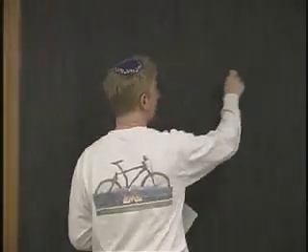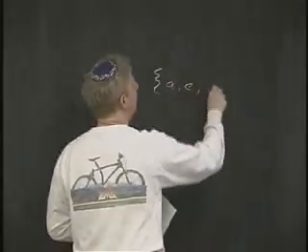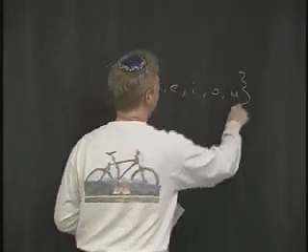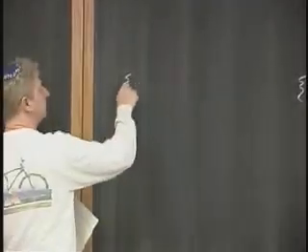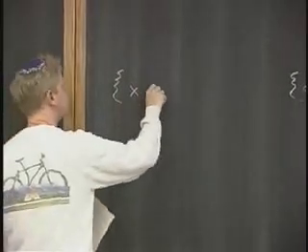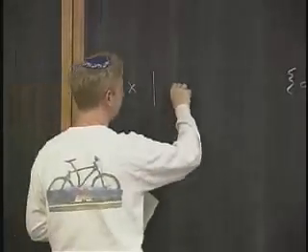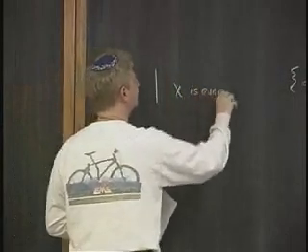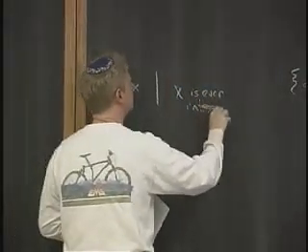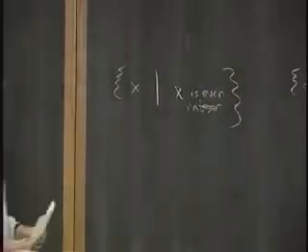And you can write a set just like that, A-E-I-O-U. What a nice clean blackboard. Or you can describe a set in words. Here's the set of all even integers.